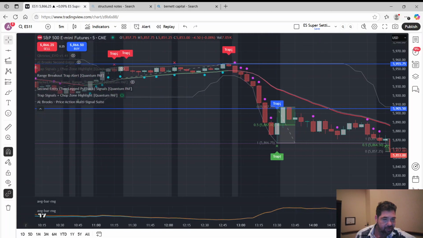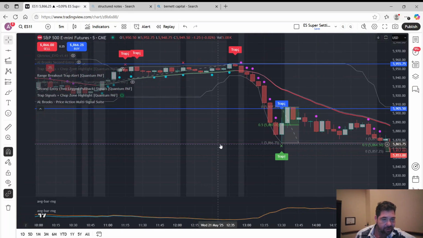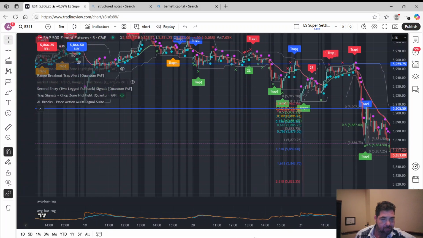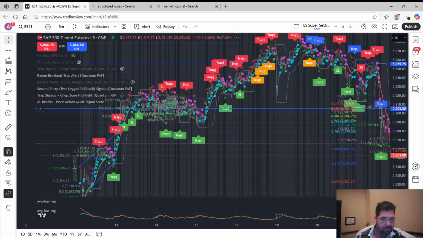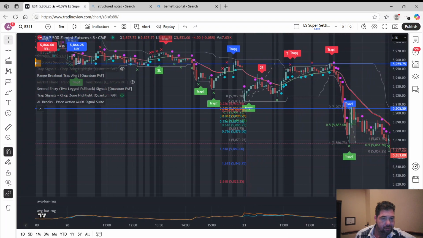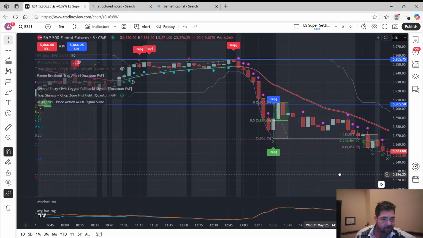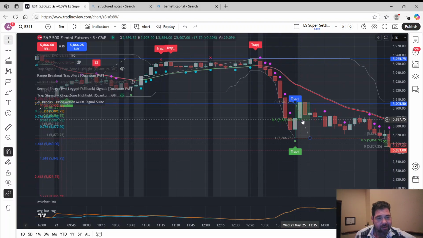There seems to be support on the prior day and the prior level. Let me just see what this is. This seems to be another support zone, but in any case, the measured move was achieved.